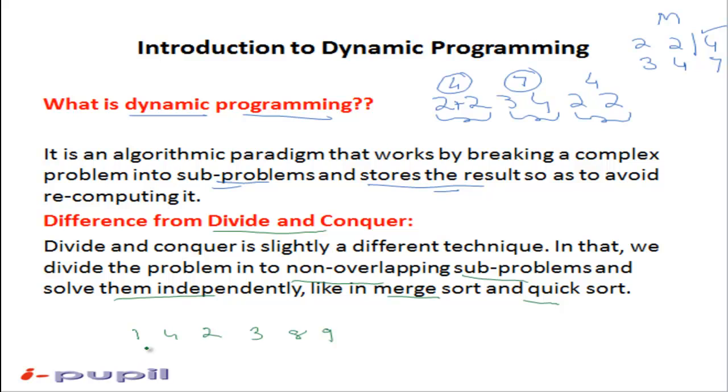We are asked to sort this using the merge sort algorithm. So what we will do is first we divide into groups of 2. Then we will sort this group independently and this group independently again by implementing a recursive merge sort. So computation for this part and this part is totally independent of each other, whereas in dynamic programming, the problems are overlapping. And what we computed for a previous situation is used again and again for further situations.